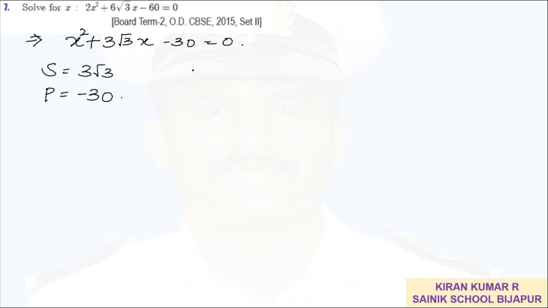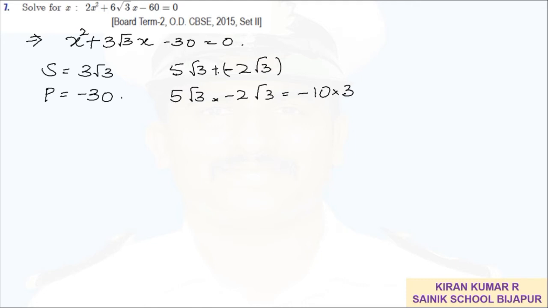Suppose I consider 5 root 3 and 2 root 3, if I subtract 2 root 3 from 5 root 3, I'll get 3 root 3. What if I multiply these two? 5 multiplied by 2 is 10, root 3 multiplied by root 3 is 3, so it becomes negative 30.